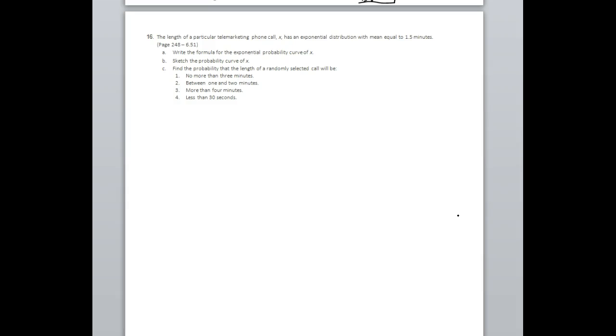The length of a particular telemarketing phone call, x, has an exponential distribution with mean equal to 1.5 minutes. Write the formula for the exponential probability curve of x. Okay, so first thing I would note is it says that mu of x is equal to 1.5 minutes. All right, and so then we know that lambda is equal to 1 over mu of x. So that's equal to 1 over 1.5, or 2/3.